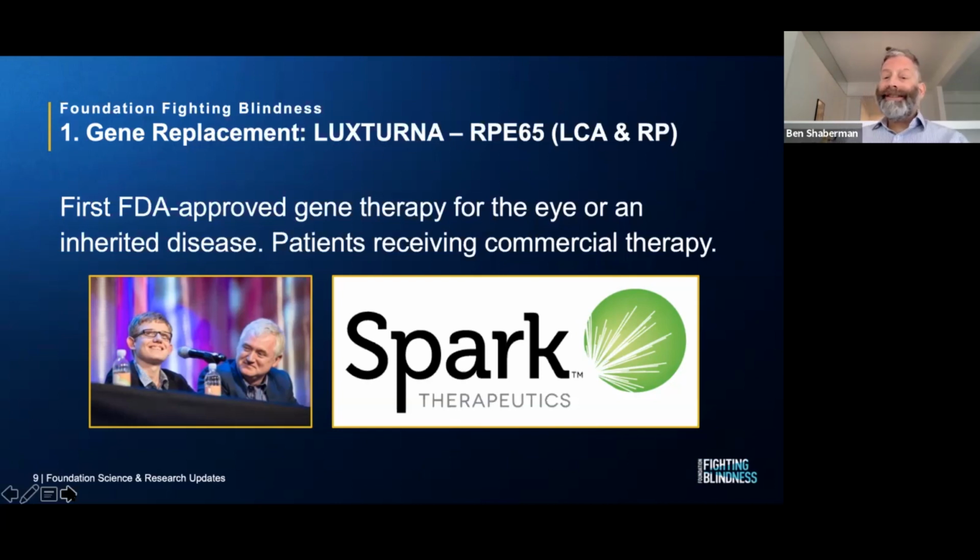And Luxturna is designed for people who have mutations in the gene RPE65. Mutations in that gene lead to Leber congenital amaurosis, one form of that disease, and they can also cause a form of RP. What's been exciting about this gene therapy is that in clinical trials and also in commercial use, it's restored significant vision to children and young adults who were virtually blind.